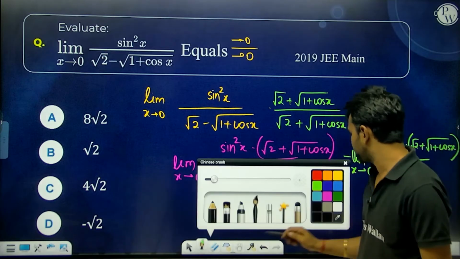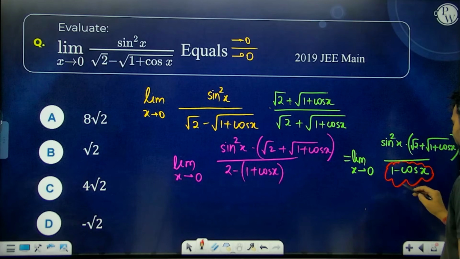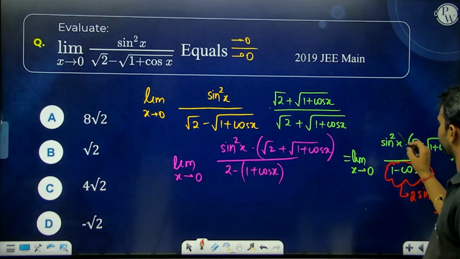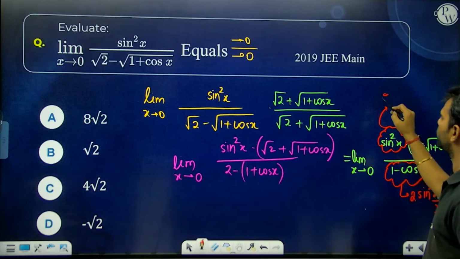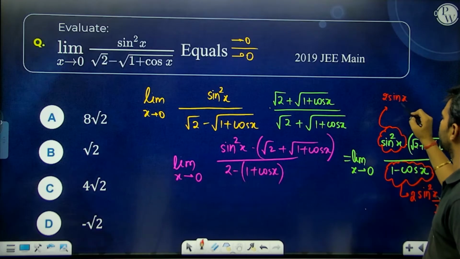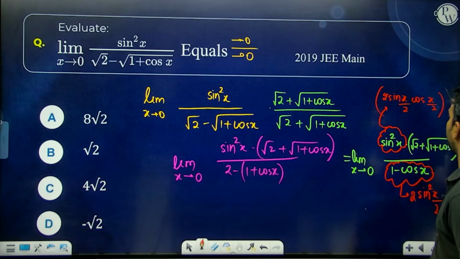This particular thing over here can be written as 2 sine square x by 2. And in this thing over here, sine x can be written as 2 sine x by 2 cos x by 2, whole square.